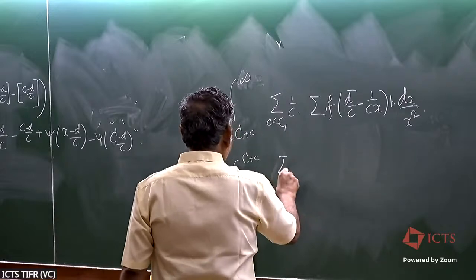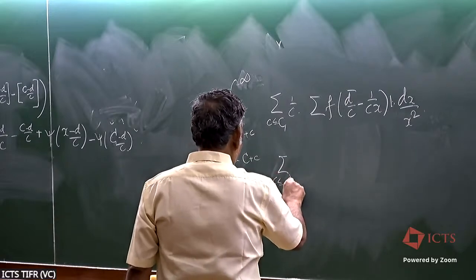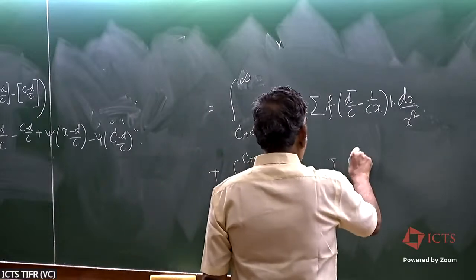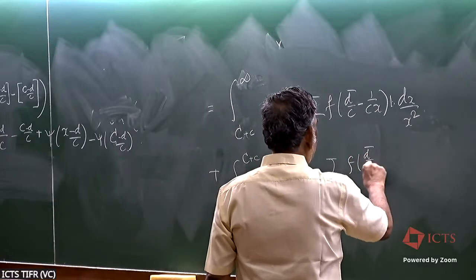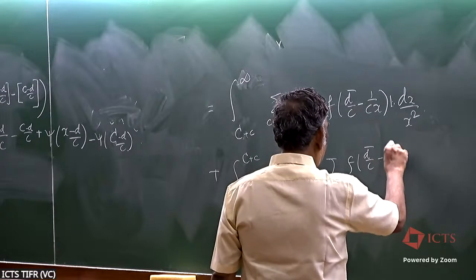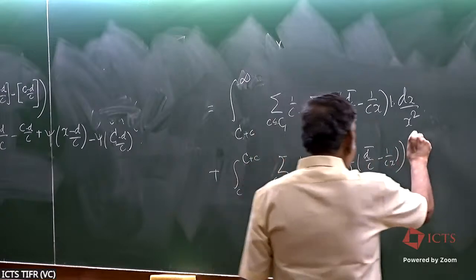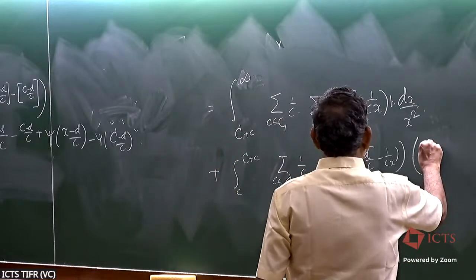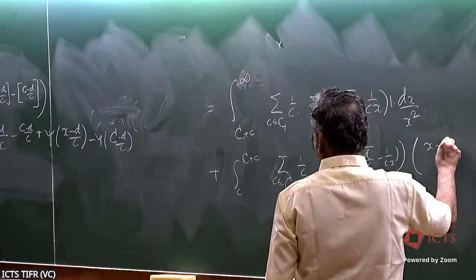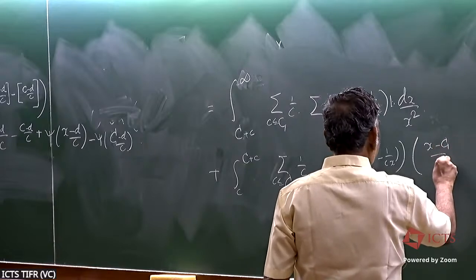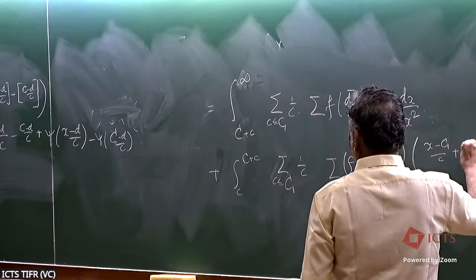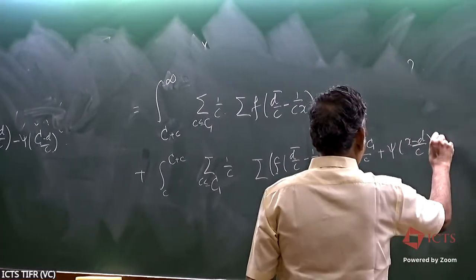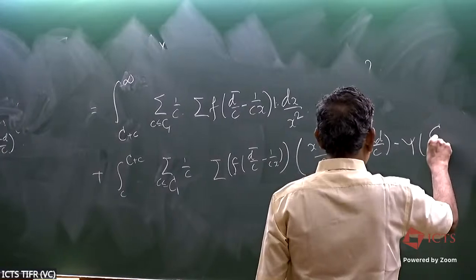Plus this C to C plus C. Then again, I have a sum over c less than or equal to capital C, 1 over c, summation f of d bar by c minus 1 over cx, into, in this case, this is the funny thing, (x minus capital C) divided by little c, plus psi of (x minus d) by little c, minus psi of (capital C minus d) by little c.